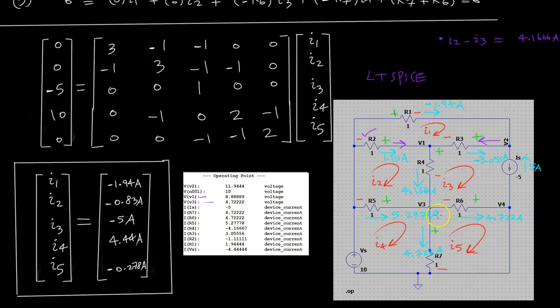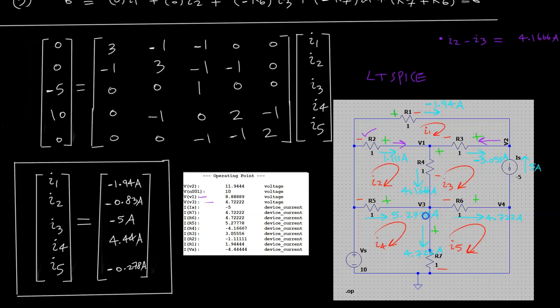So next one, let's look at R5. We have 10 volts minus V3, which is 4.77, over 1, which is going to give me 5.27. Now looking at the current through R5, we see about the same current as expected.